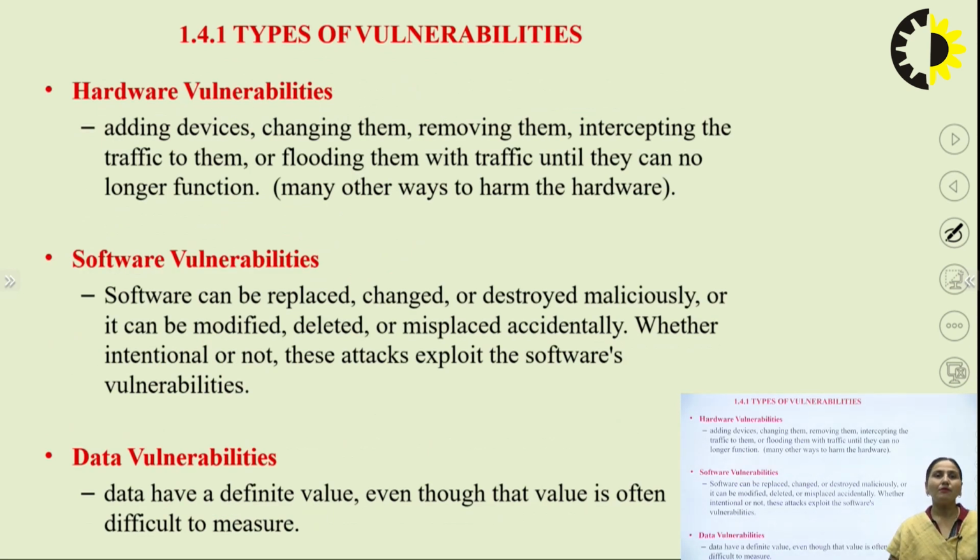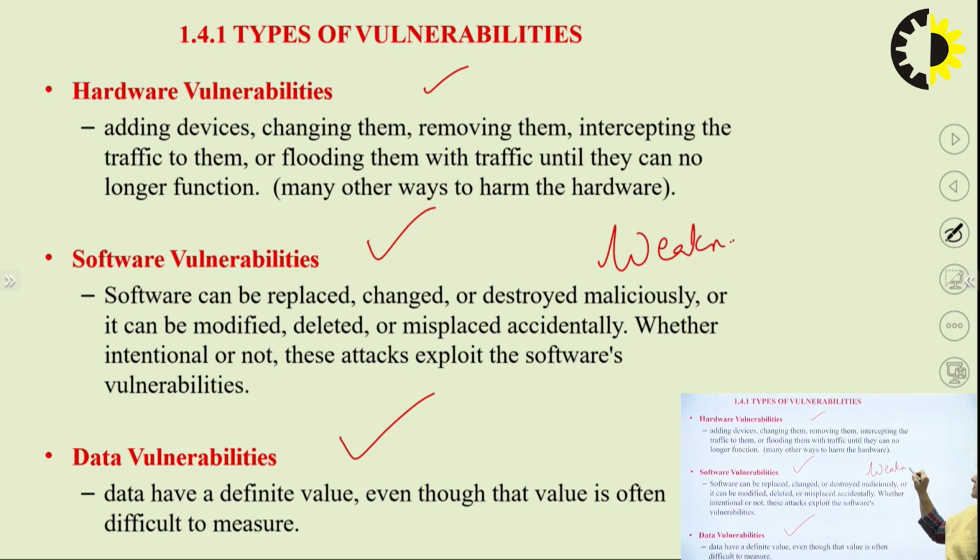Now, types of vulnerability. In this, we will be dealing with hardware vulnerability, software vulnerability, and data vulnerability. Now, what is hardware vulnerability? Adding devices, changing them, removing them, intercepting the traffic to them, or flooding them with traffic until they can no longer function, right? As I told you, vulnerability basically means the weakness of a particular type of system.